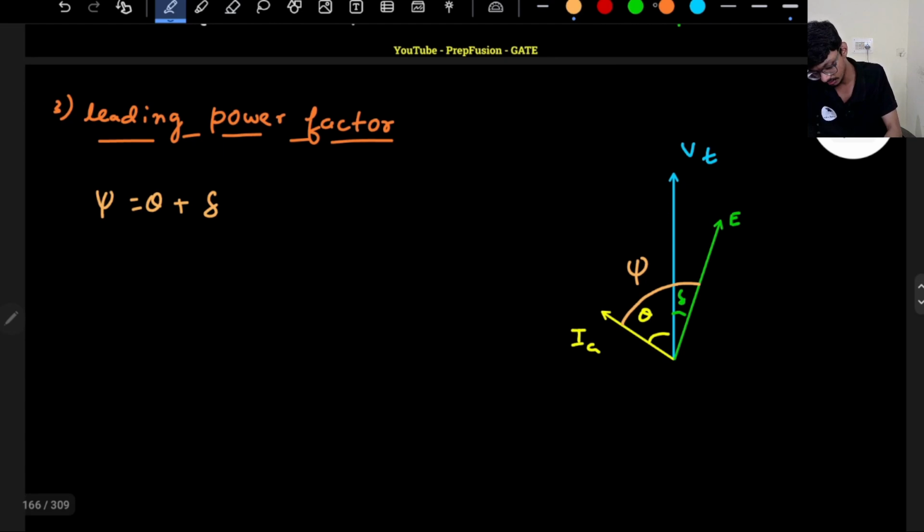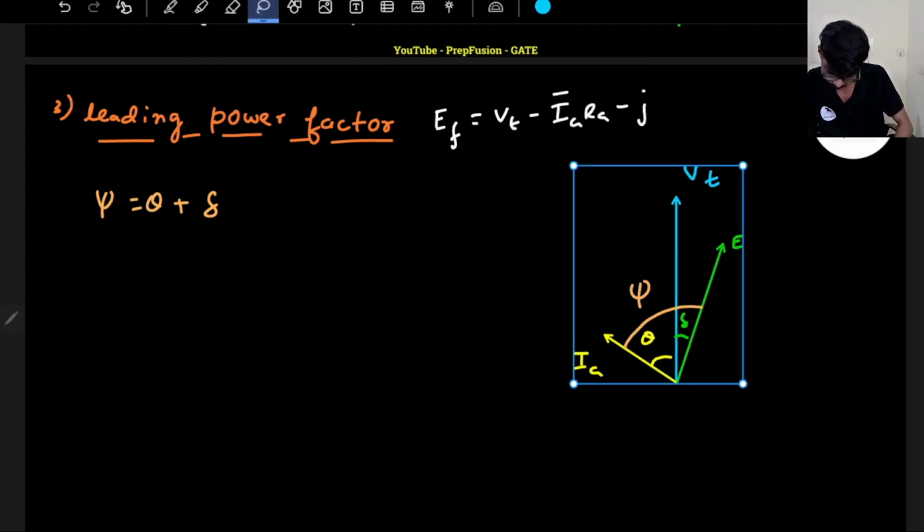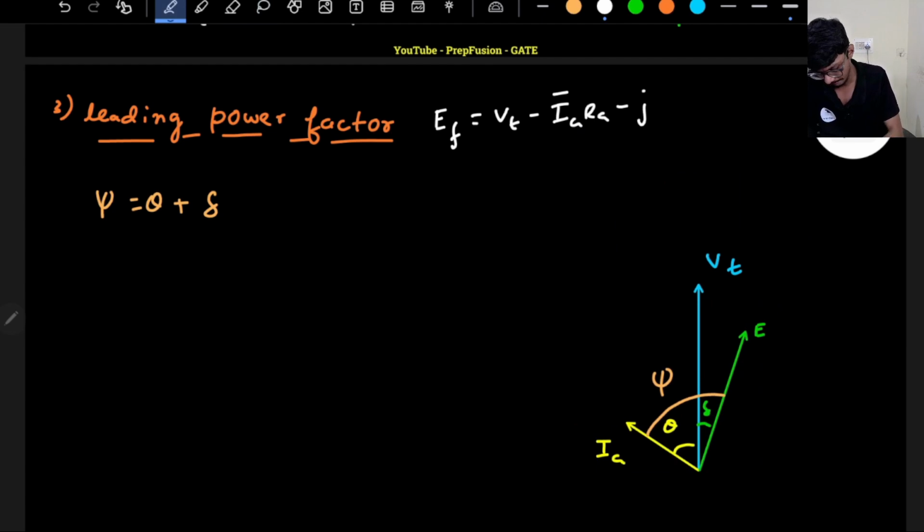Now let me derive the very basic equation. So the very basic equation is that my E_f will be equals to Vt minus I_a R_a minus j I_a X_s.